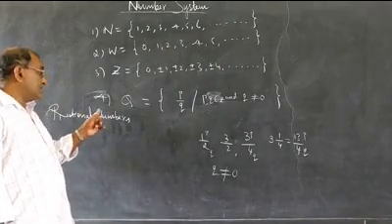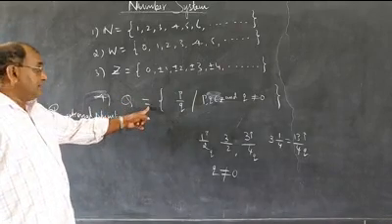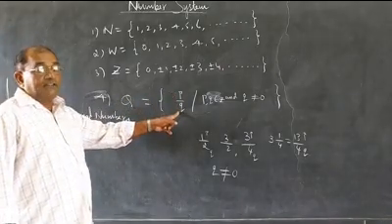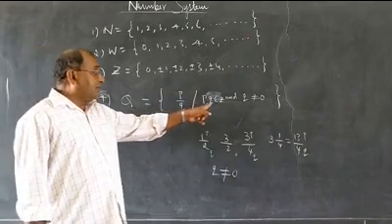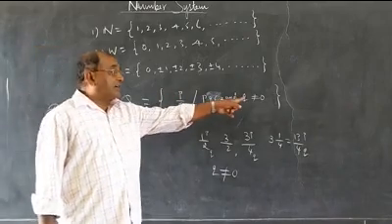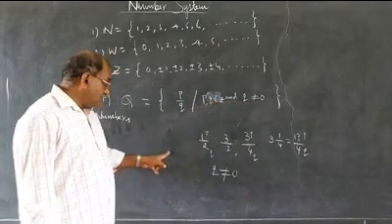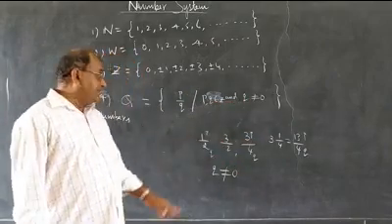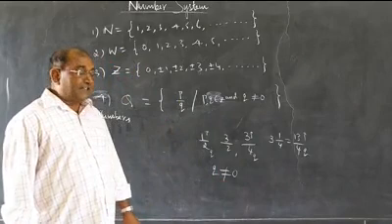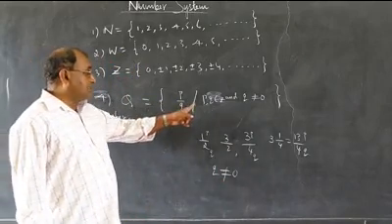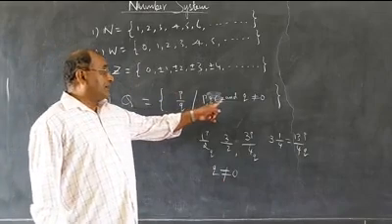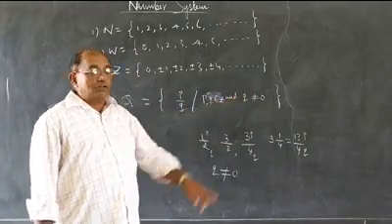The set of rational numbers Q equals the set of all P by Q. We define it as the set of all P by Q such that P comma Q belongs to Z and Q not equal to 0. These are all the examples which come under this definition. So I read it like this: Q equals the set of all P by Q such that P comma Q belongs to Z and Q not equal to 0.